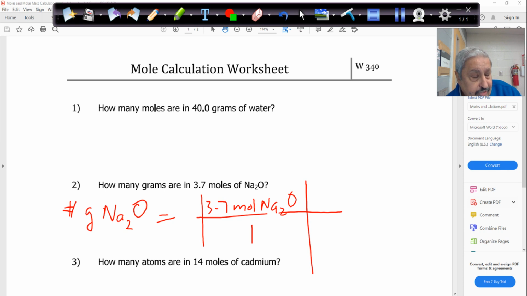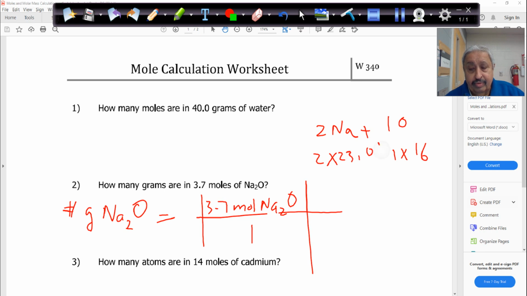And we have to use what? We need the number of grams. So we need the molar mass of sodium oxide. We have 2 sodiums and then 1 oxygen. This is 1 multiplied by 16. This is 2 multiplied by 23.0. So this is 46.0, this is 16.0.